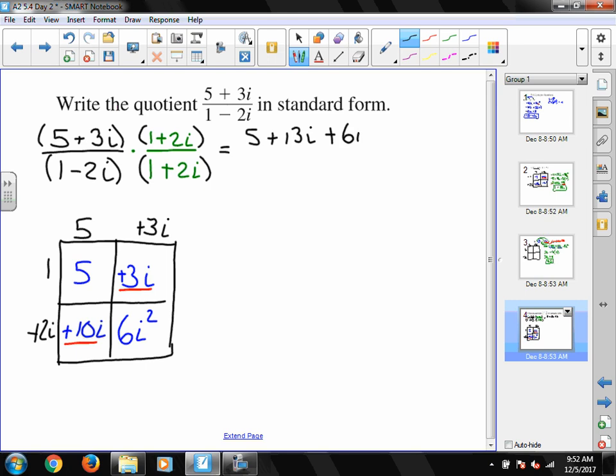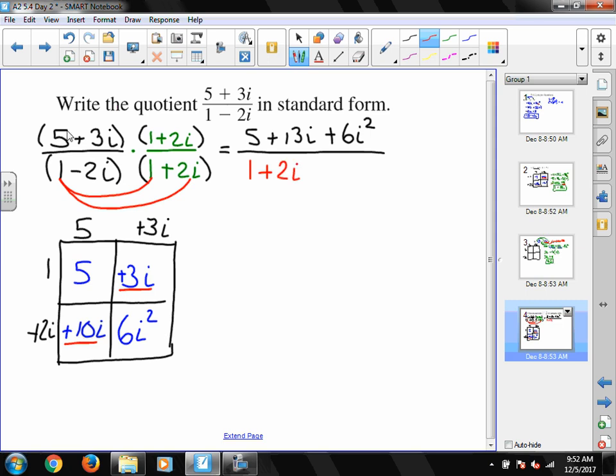plus 6i squared, divided by, and we can FOIL this one again just to give us some variety. I'm going to take my first, 1 times 1, which is going to give me 1. The two outside numbers, 1 times 2i, is going to be plus 2i.